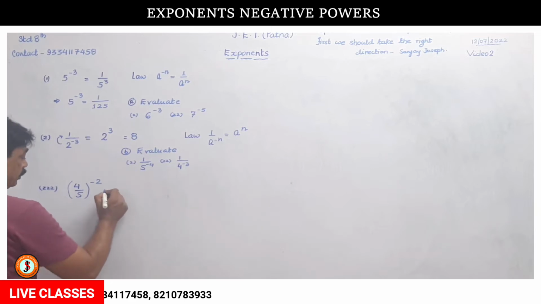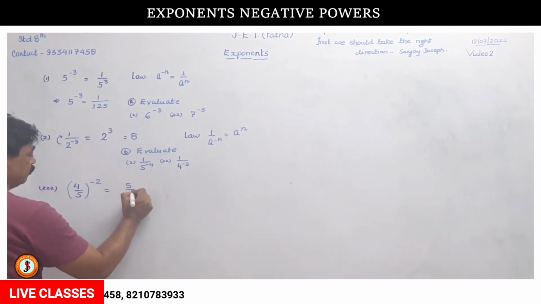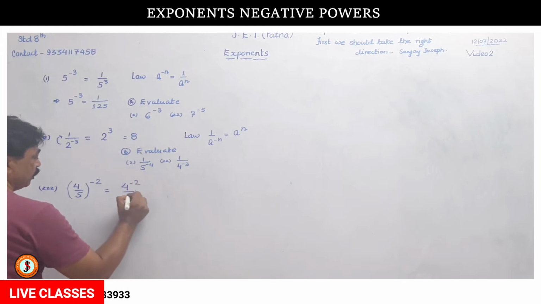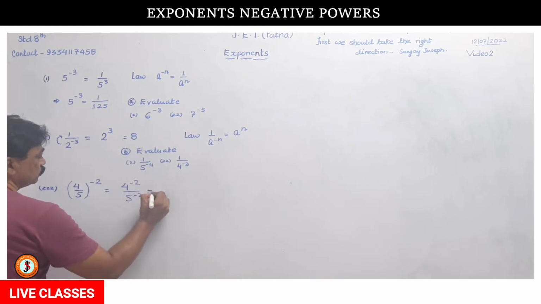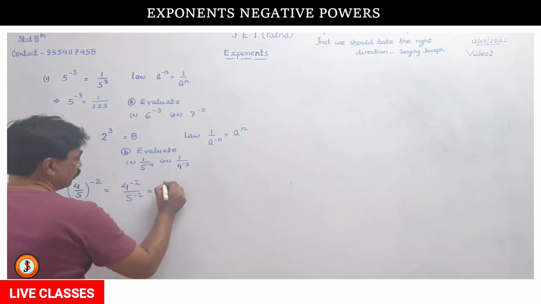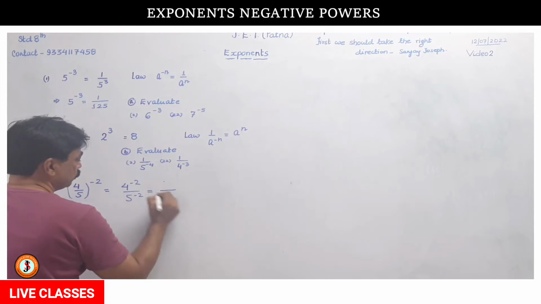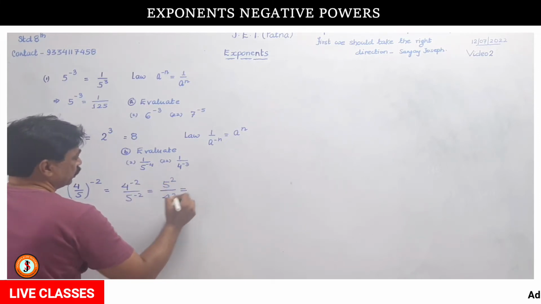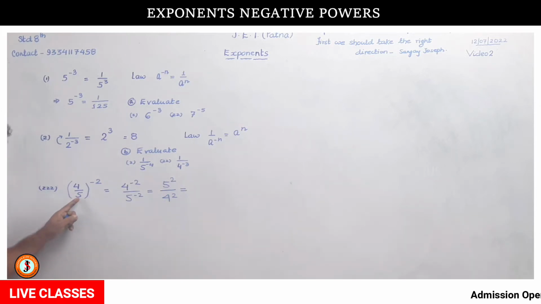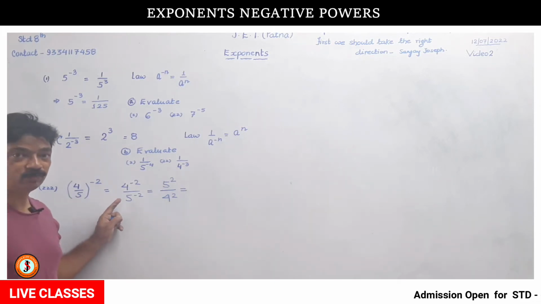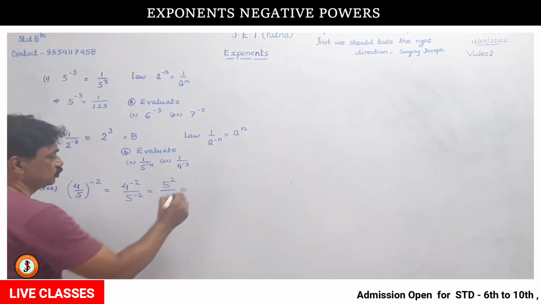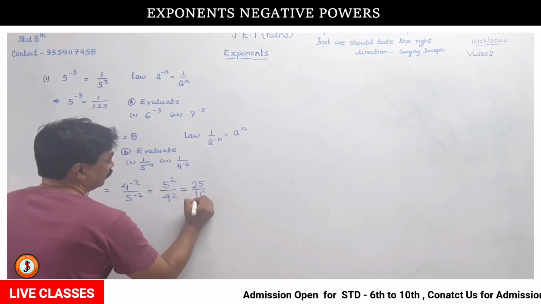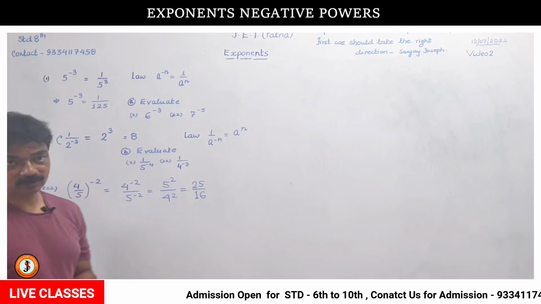Now here what will happen, you write it like this, 4 to the power minus 2 and 5 to the power minus 2. So now individually you can do it: this will go to the denominator and this will go to the numerator. Because 5 had a negative power, to convert it to positive we have to shift it. So this is 25 by 16. You can leave it in the fraction, that's done.